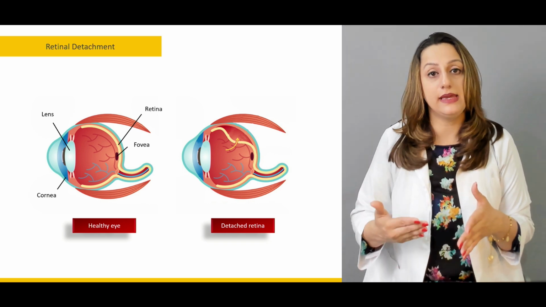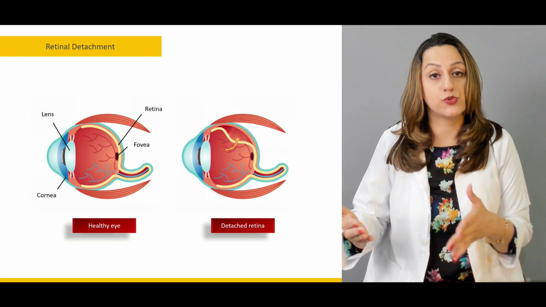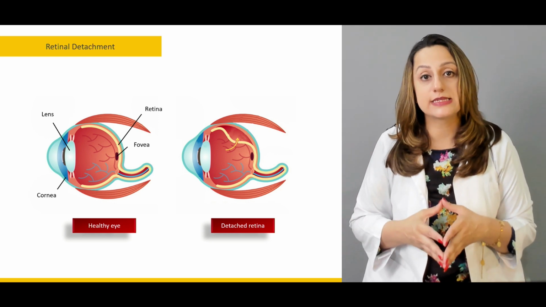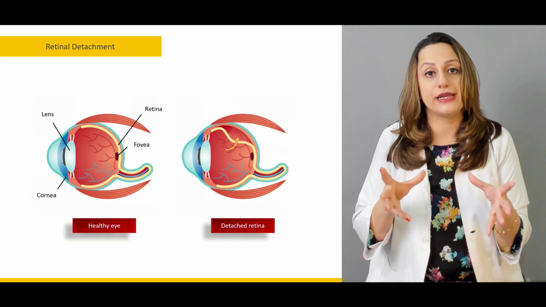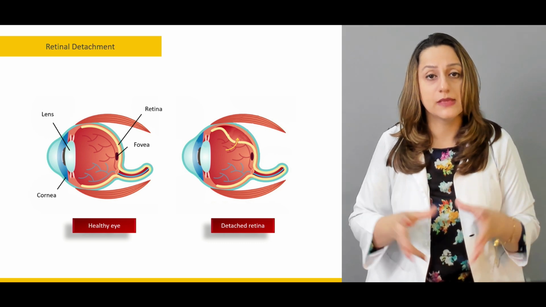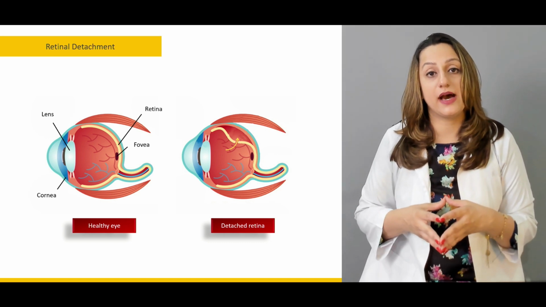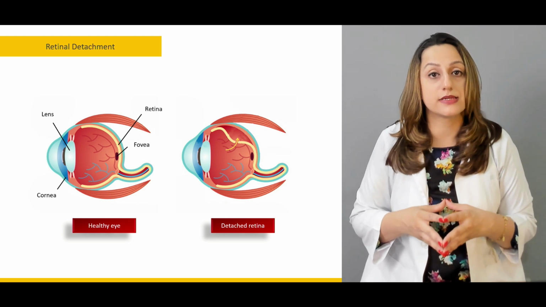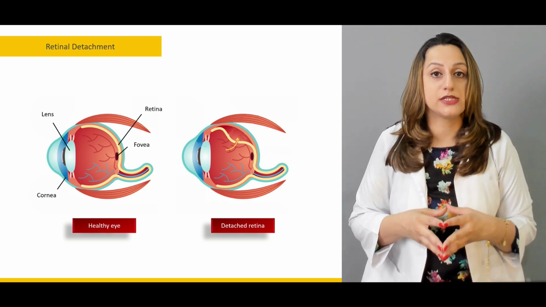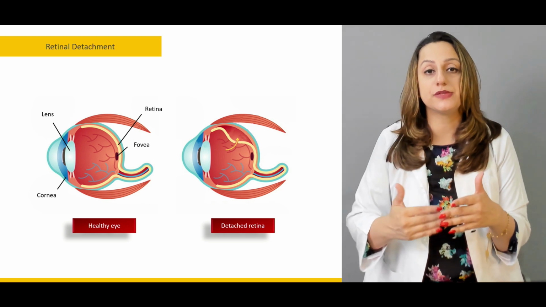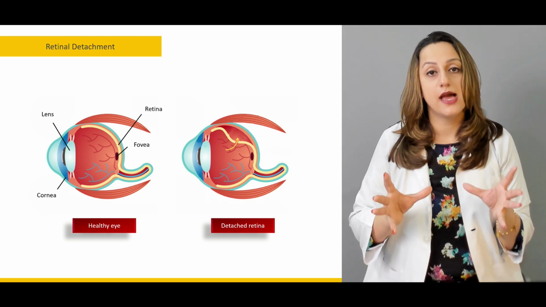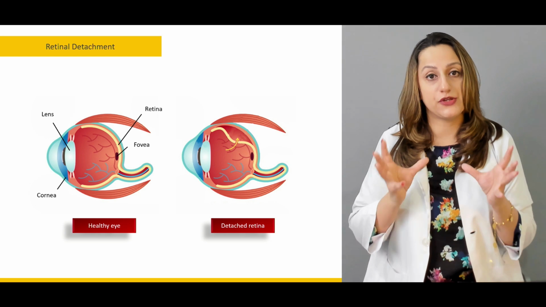So they can be the underlying cause towards the development of this potential space between these two important layers of the retina. On the other hand, we have the rhegmatogenous causes for the development of this potential separation between these two important functional layers of the retina.